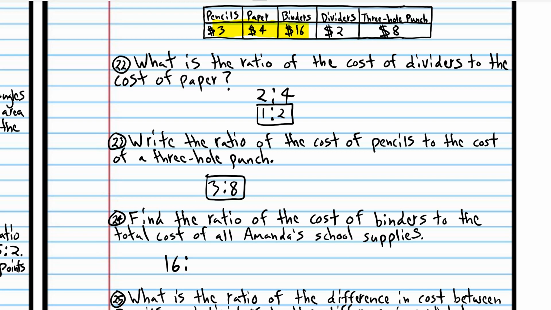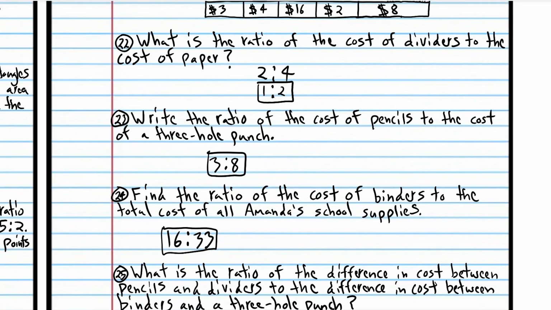Plus 16 is 23. Plus 2 is 25. Plus 8 is 33. So the next number is the total cost of all Amanda's school supplies, and we can't reduce that. So the first number was a very simple quantity, but the second number we had to get from calculations that we had to do.